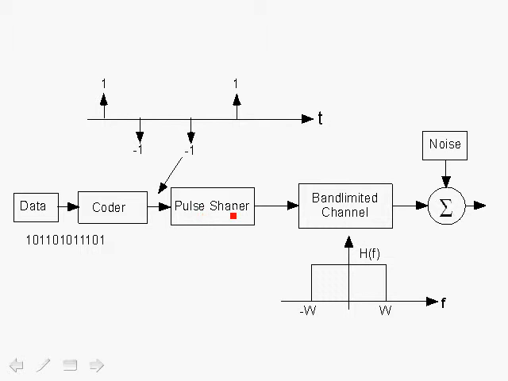The pulse shaper is such that the Fourier transform of its impulse response is a band-limited signal, such that the signal is band-limited within W hertz, which is a key requirement of our communication system, that the system has to be band-limited within W hertz.